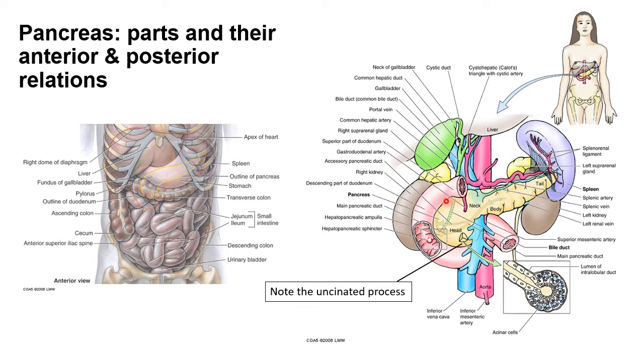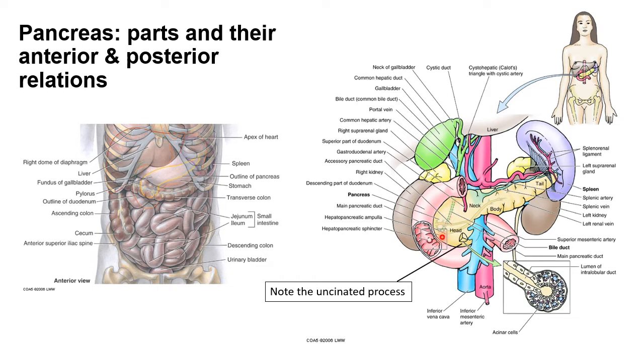It's found within the concavity of the duodenum, and the important relations of the head of the pancreas include the common bile duct. The common bile duct runs through a groove on the posterior surface of the head of the pancreas.